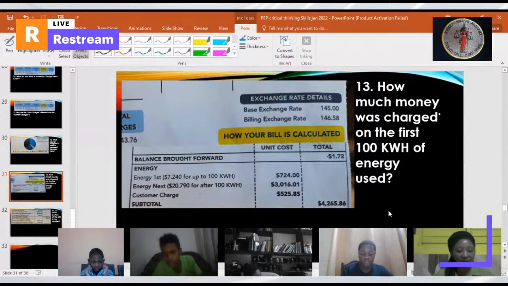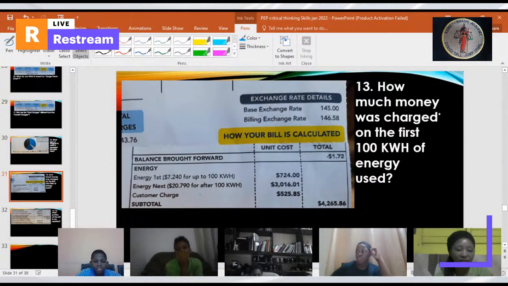What do we say for that one, scholars? Any ideas? So based on what the question is saying, not all of the energy used was charged at the same rate.